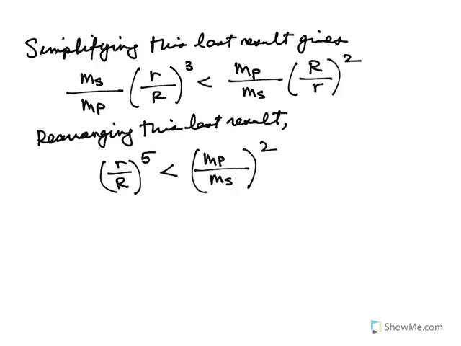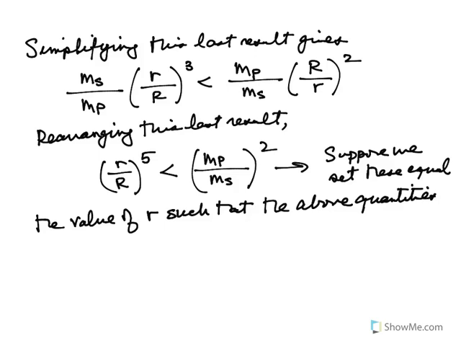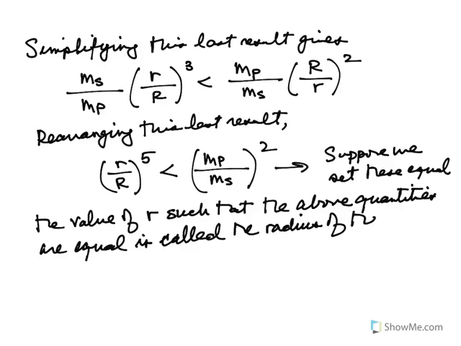So suppose we set these equal. The value of r such that the above quantities are equal is called the radius of the sphere of influence, and we call that quantity R SOI.